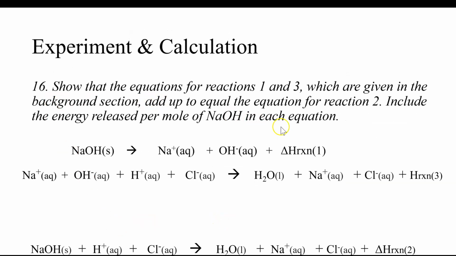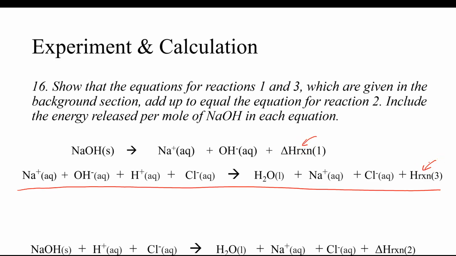Number 16, you show that equation reaction 1 plus 3 will give you the same equation for reaction number 2. That's what Hess's law says. The reaction can go in only one step, or you can use a series of steps. So you're going to add these two equations together. One thing you're going to do, you're going to change this to the actual number.